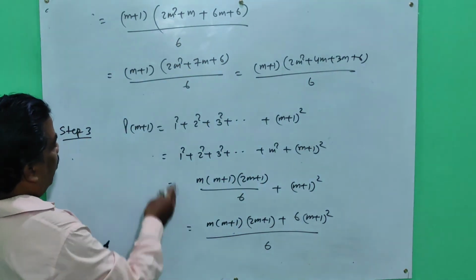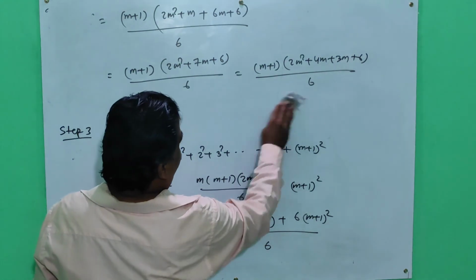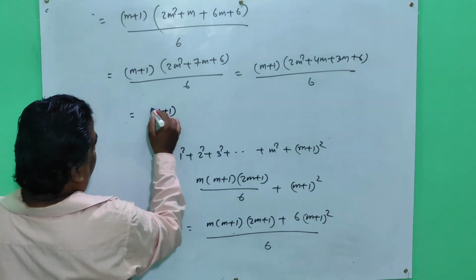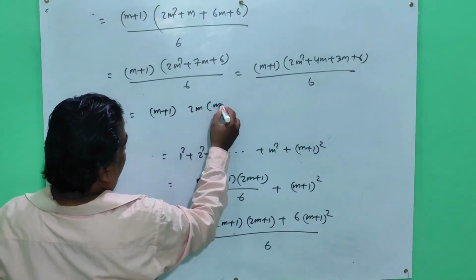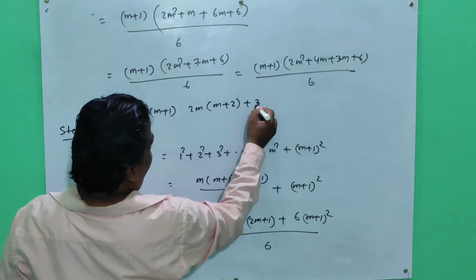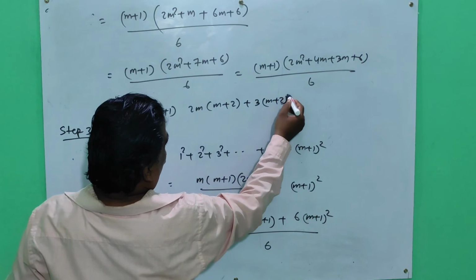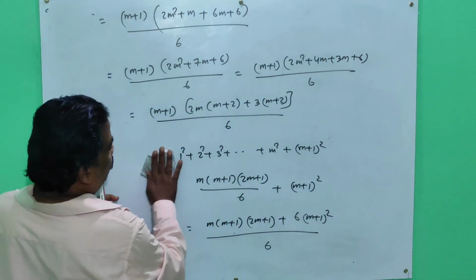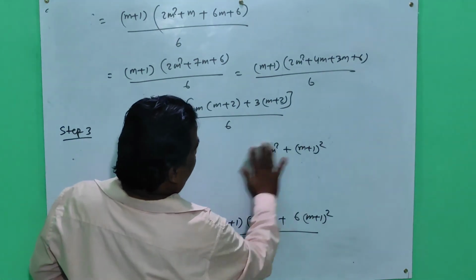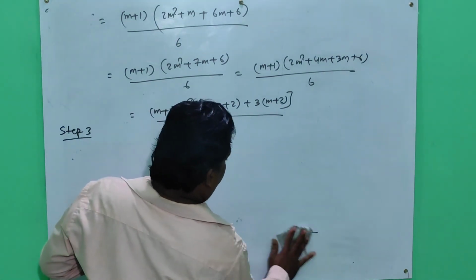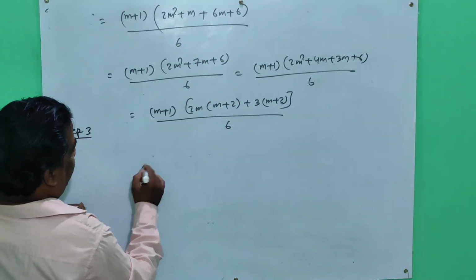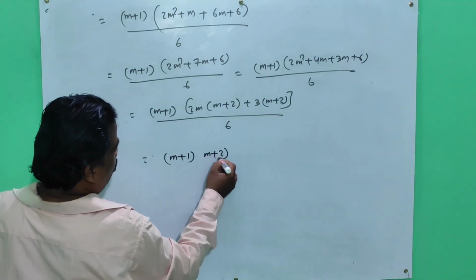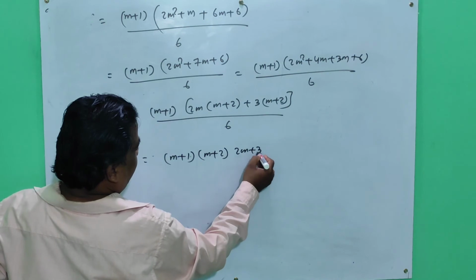Now we write 4m plus 3m, that is equal to (m+1), taking 2m as a factor, (m+2), 3 as a factor, (m+2), by 6. And that is equal to, taking m plus 2 as a factor, (m+1)(m+2)(2m+3) by 6.